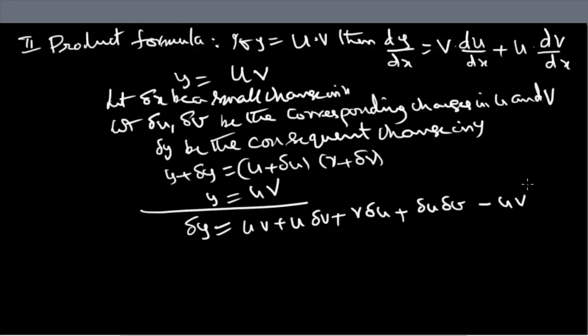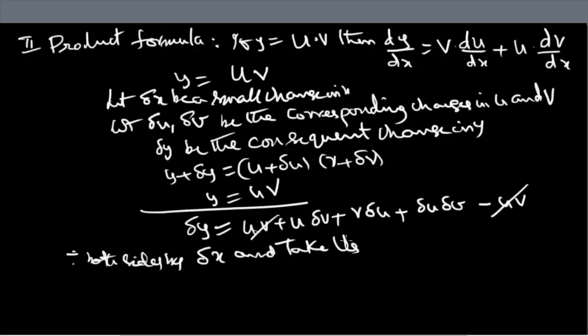Minus uv and plus uv cancel. Now divide both sides by delta x and take limits as delta x tending to 0.